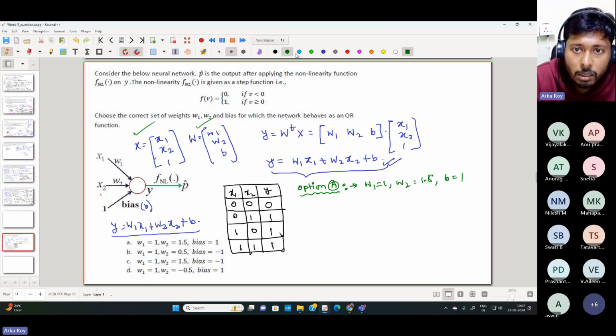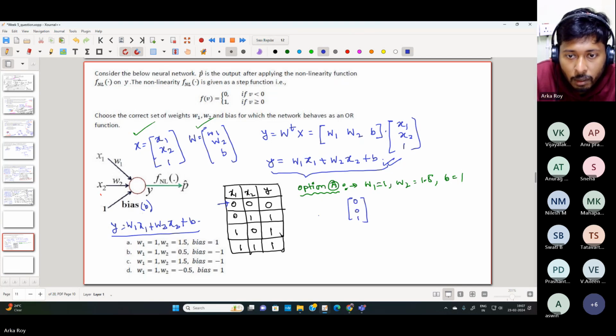So you start with the 0, 0 condition. Your x will be 0, 0, 1, and your W is 1, 1.5, and bias is 1, right? You do the matrix multiplication, it will be 0 plus 0 plus 1. So it is 1.